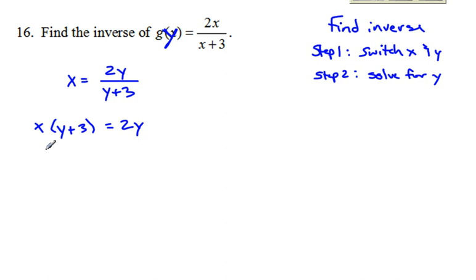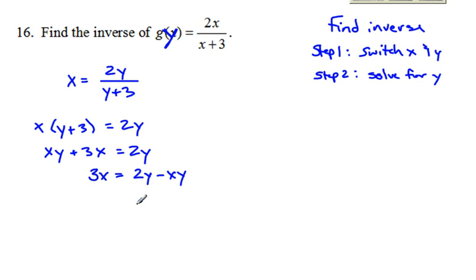Now we can distribute, and we get xy plus 3x equals 2y. The problem is we're trying to solve for y, and there's a y over here and a y over here. So we want to next get the y's on the same side. I'm going to move this xy, subtract it from here, so I only have 3x, and also subtract it from here, and I get 2y minus xy.